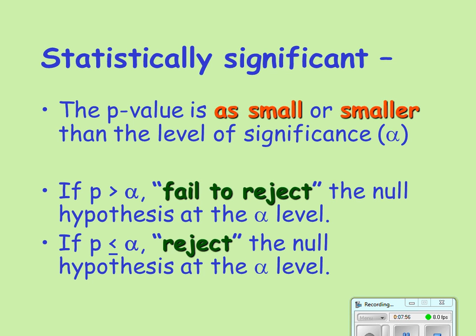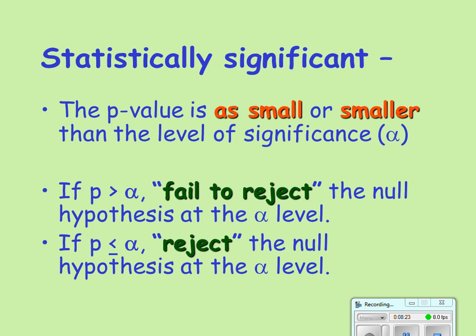There's not sufficient evidence to say anything significant about the alternative hypothesis. But if your p-value is less than or equal to your alpha, you are allowed to reject the null hypothesis at that level.